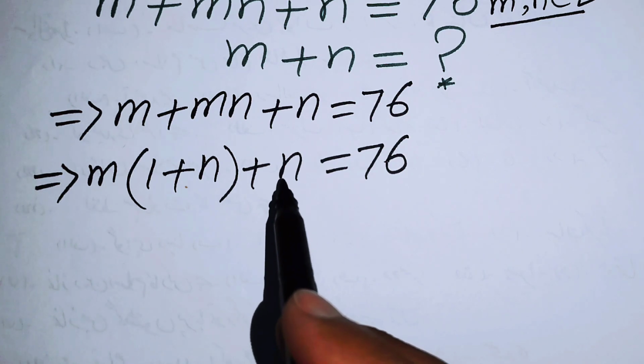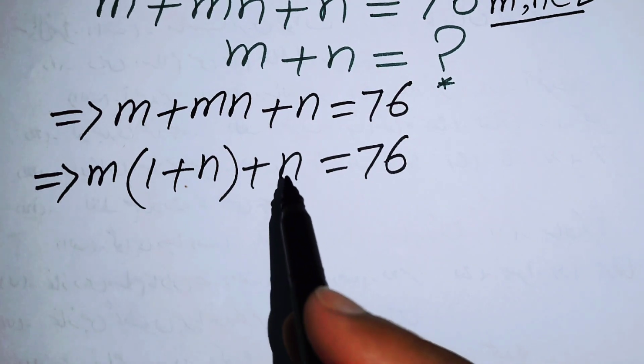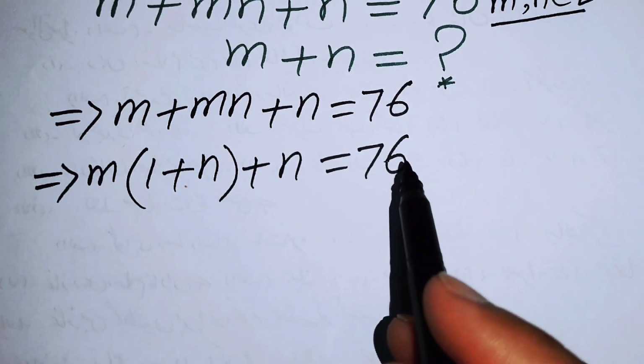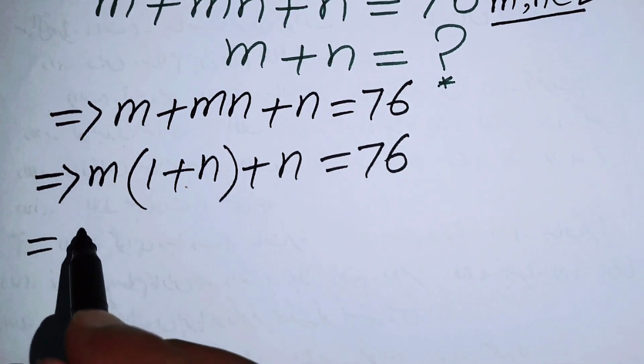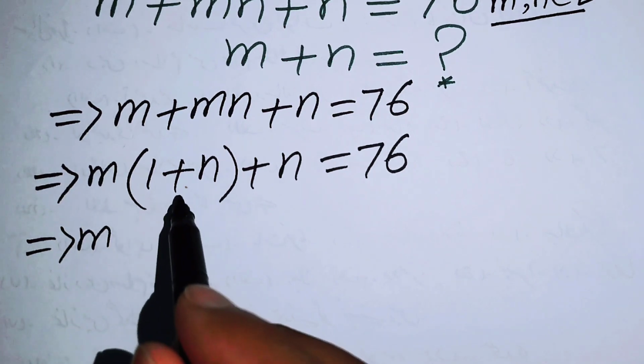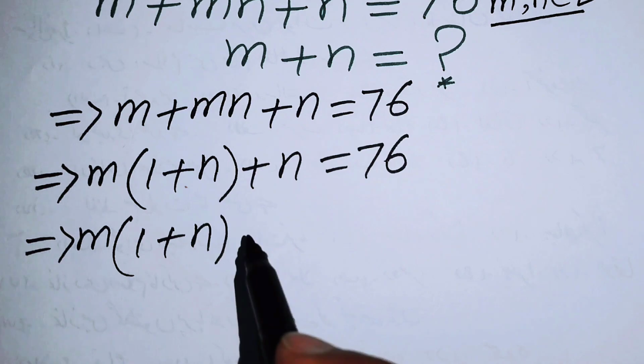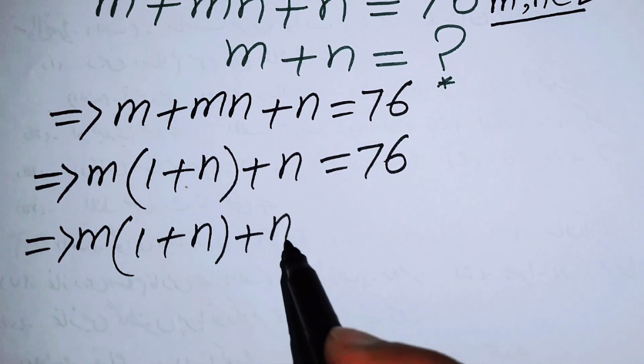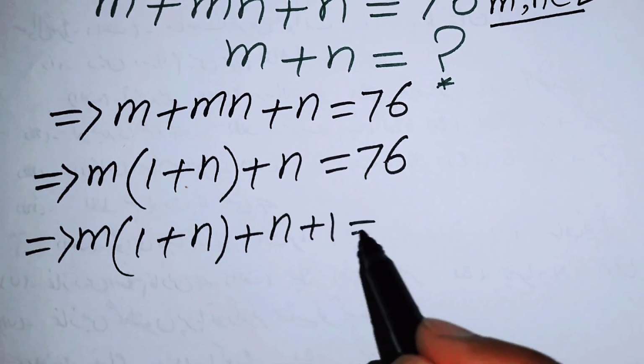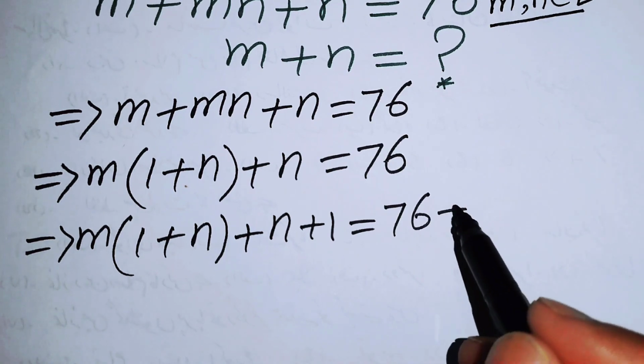So we need 1 here, so I can add 1 on both of the sides in order to make the factor 1 plus n. So here you have m times 1 plus n plus n plus 1 is equal to 76 plus 1.